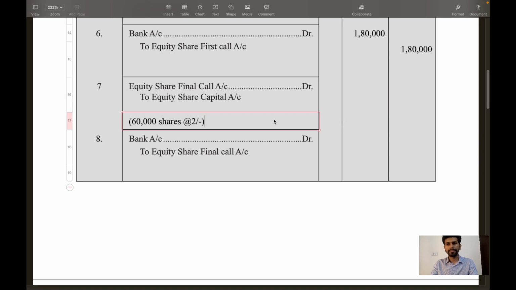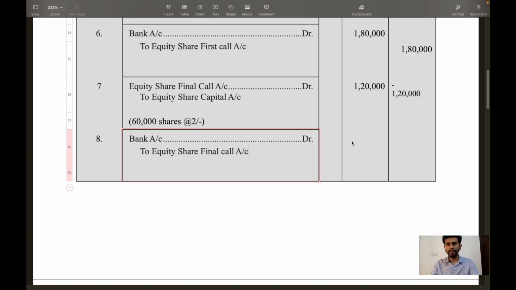Entry will be 1,20,000 rupees, being final call money due on 60,000 shares, and the last journal entry will be bank account debit to equity share final call account on receipt of final call money.